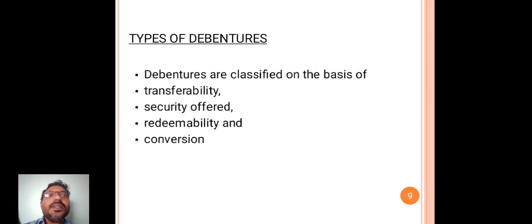Based on these conditions, the debentures are classified into different kinds.